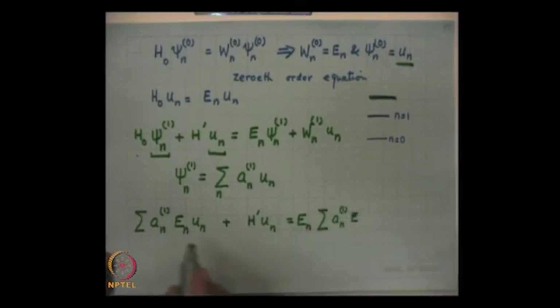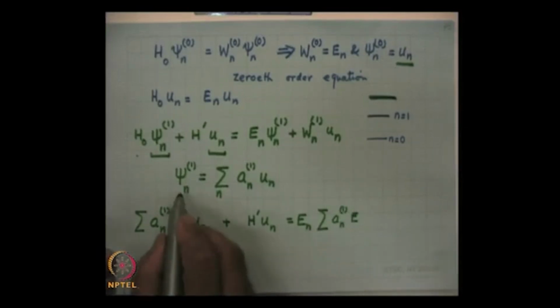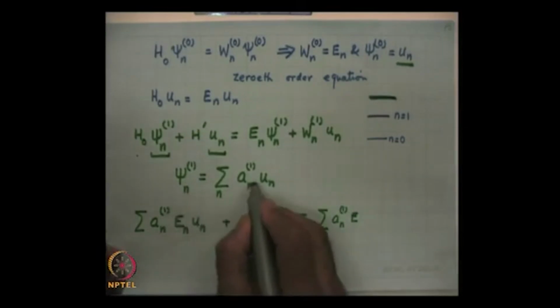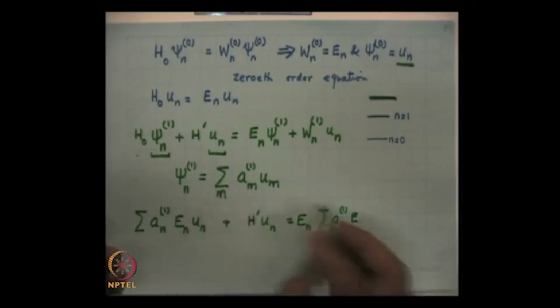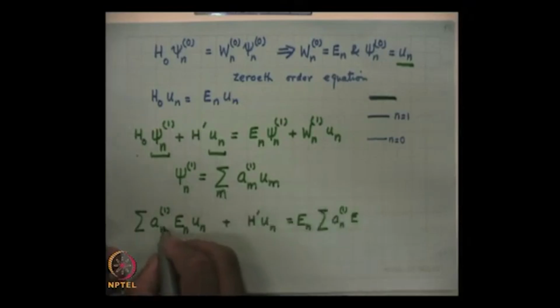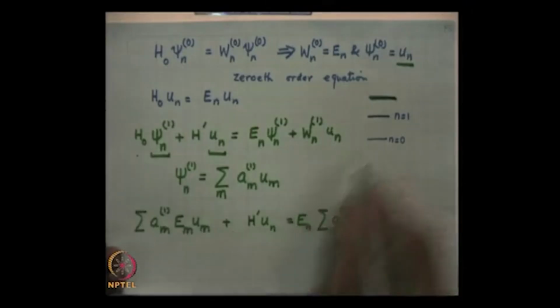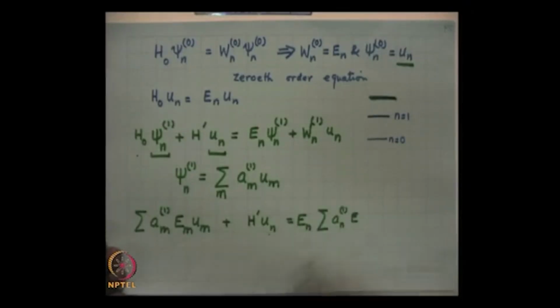Actually, I must put it here as m, because this is the dummy variable. So, this is a m 1 E m u m. I am considering the perturbation to the nth state. So, n is fixed.